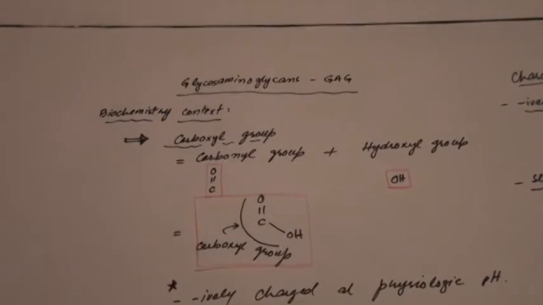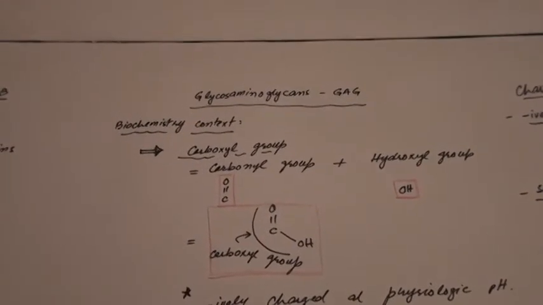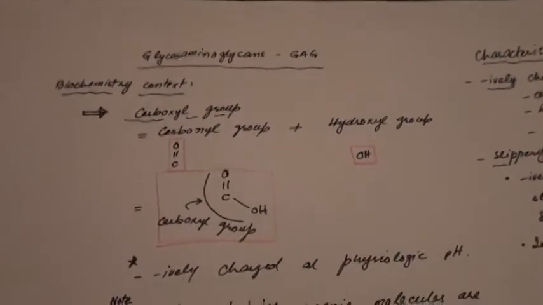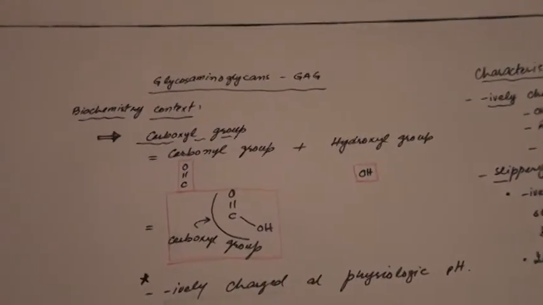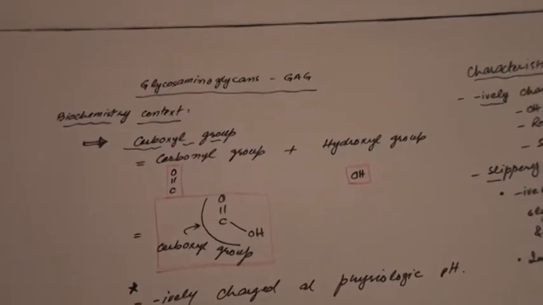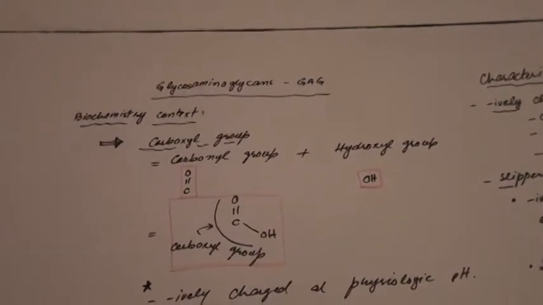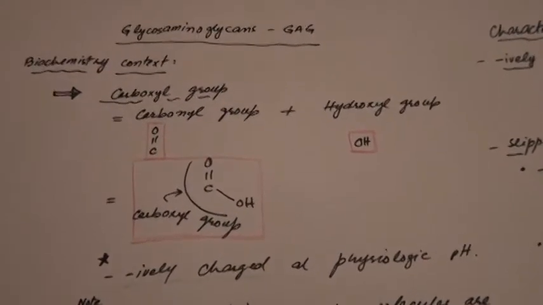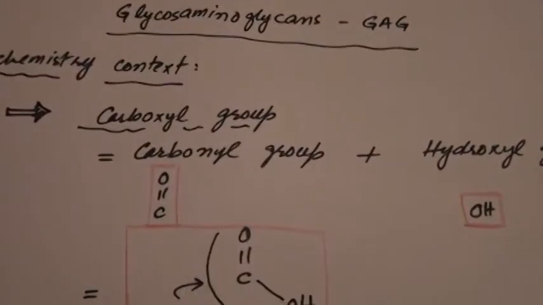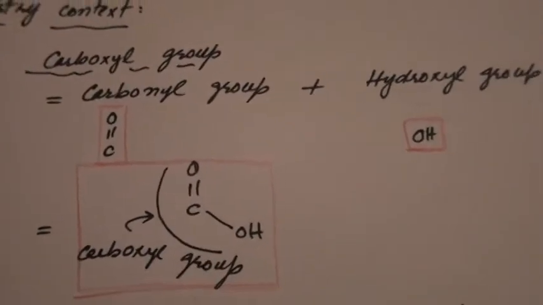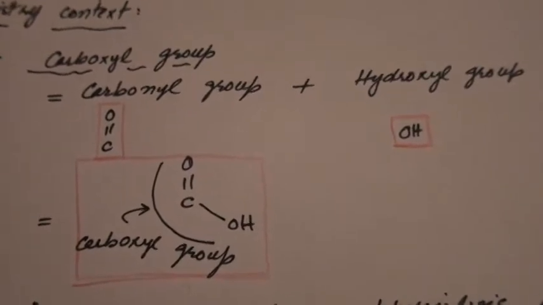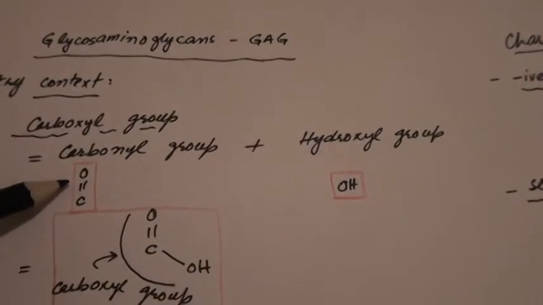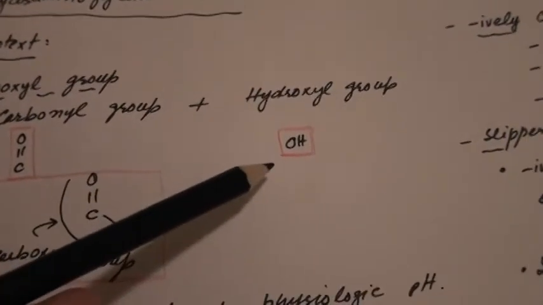So to understand glycosaminoglycans and proteoglycans and glycoproteins and glycocalyx and sialoglycoprotein, we should start from the basic building blocks, and the very first building block which we should know is the carboxyl group. A carboxyl group is basically a combination of a carbonyl group, which is a carbon attached to oxygen, and then a hydroxyl group, which is OH.